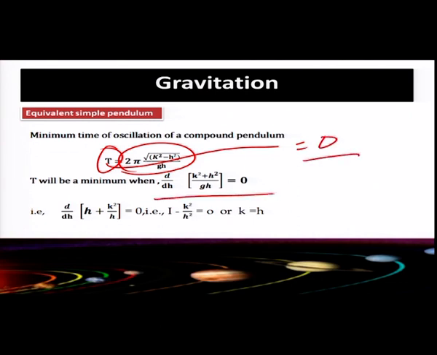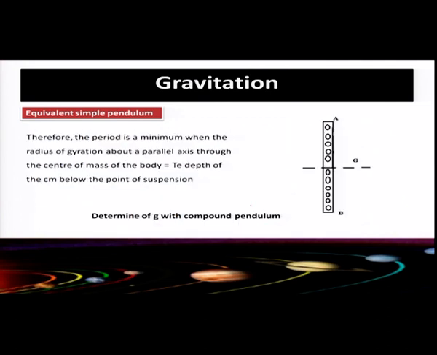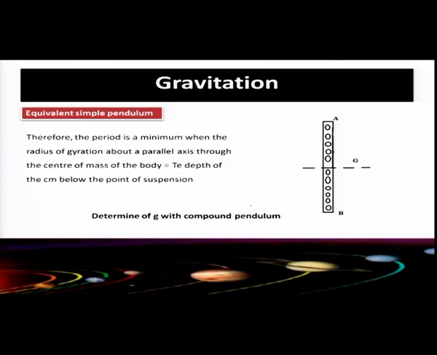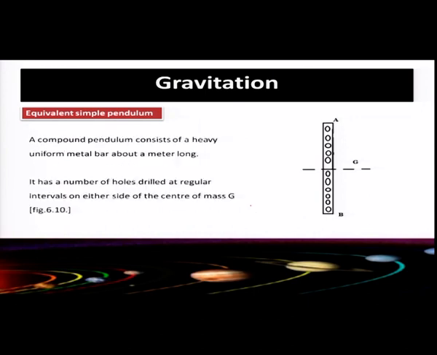When you substitute d by dh of k squared plus h squared by gh equal to 0 and simplify, we get 1 minus k squared by h squared equal to 0, or k is equal to h. Therefore, the period is a minimum when the radius of gyration about a parallel axis through the center of mass of the body is equal to the depth of the center of mass below the point of suspension.